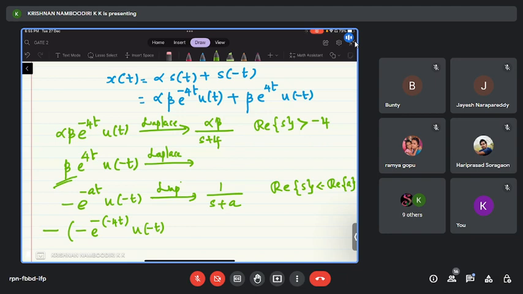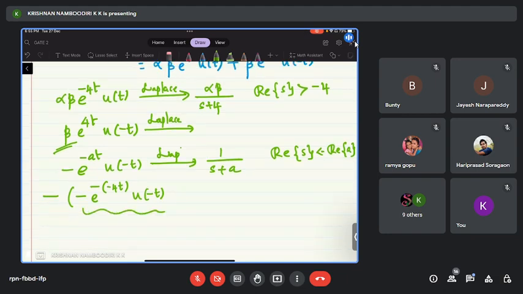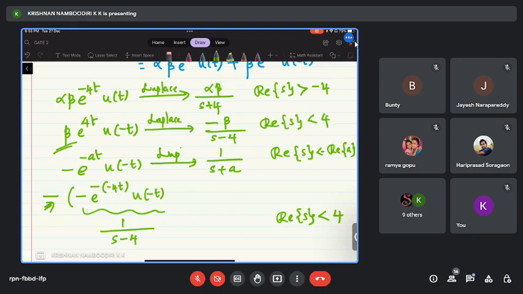So this has a Laplace transform, which is equal to 1 by s minus 4 with ROC real part of s less than 4. So this entire thing has a Laplace transform minus beta, because this minus is there, minus beta divided by s minus 4 with real part of s less than 4. Agree?